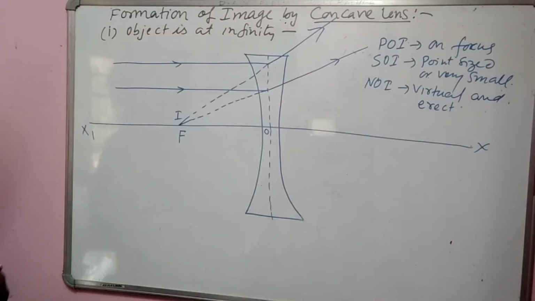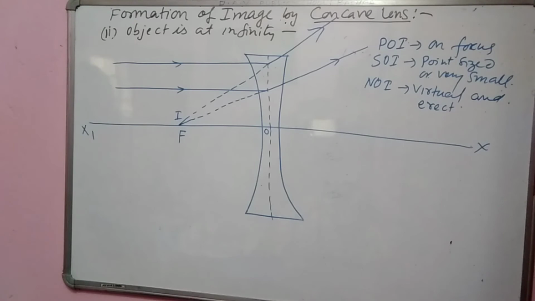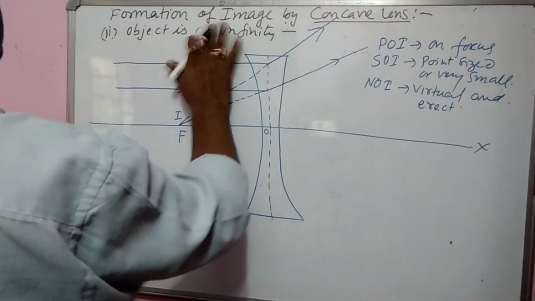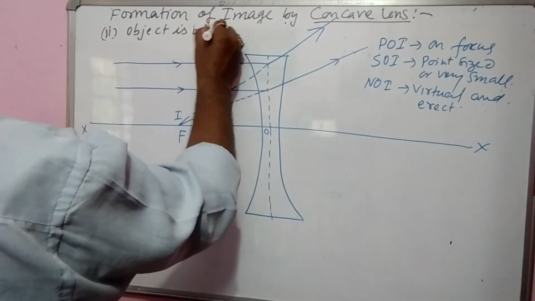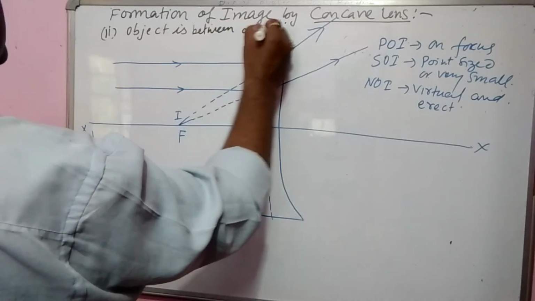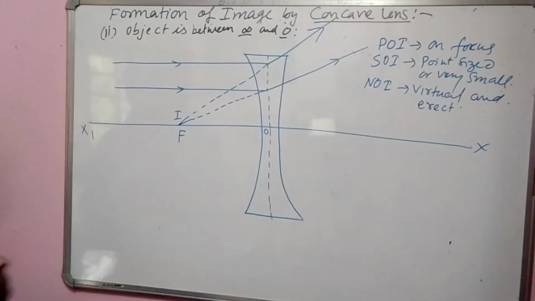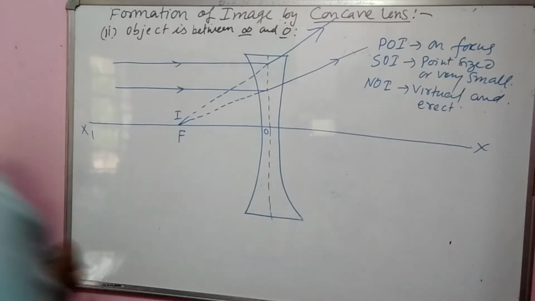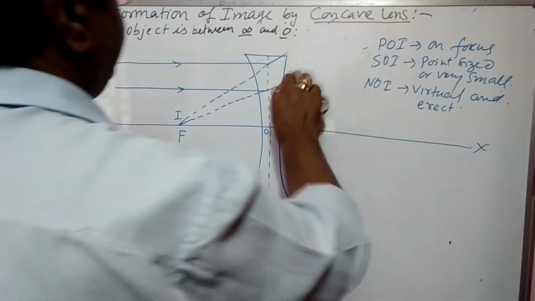Similarly, we can consider the second situation, where the point object is placed between infinity and O. Let us see by drawing the ray diagram.